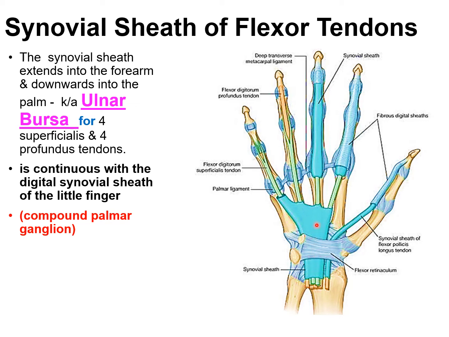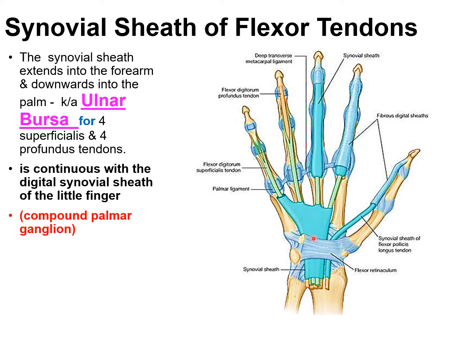The synovial sheath extends upwards for 2 to 3 inches into the forearm and downwards into the palm up to middle of shaft of the metacarpal bones. It is important to note that the lower medial end is continuous with the digital synovial sheath of the little finger.